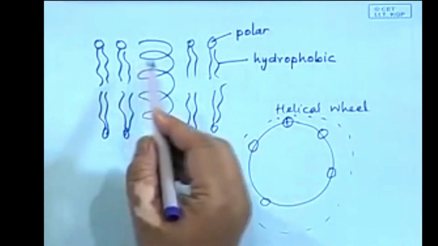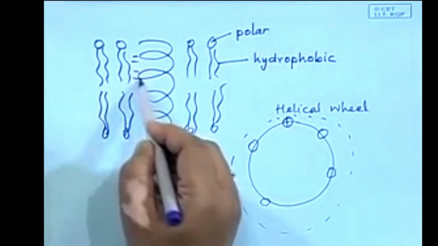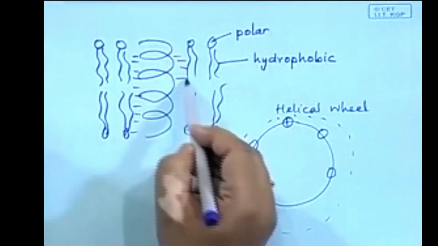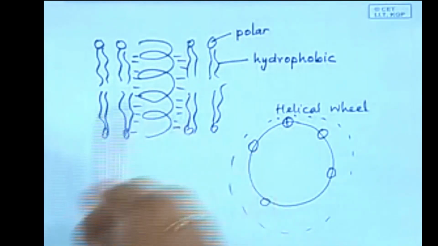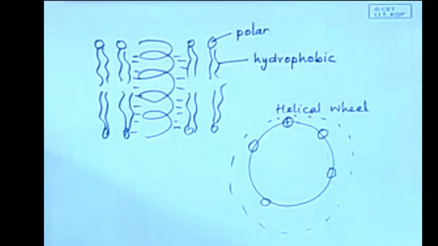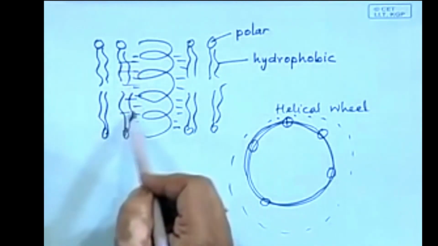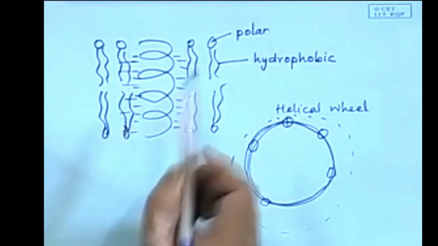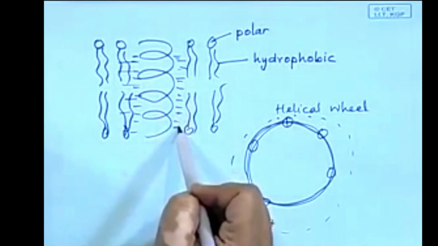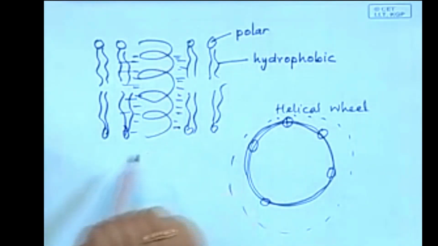If I am looking at the side here, so I have my interactions here in the helix and here. My interactions have to be with the hydrophobic tails of the lipids. So what do I expect my helical wheel to comprise of? All hydrophobic residues. Does that make sense? It does, because you have to have hydrophobic interactions. If you do not have hydrophobic interactions, then this helix will not stay here at all.